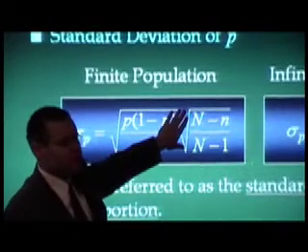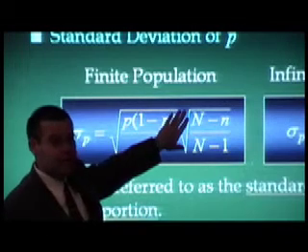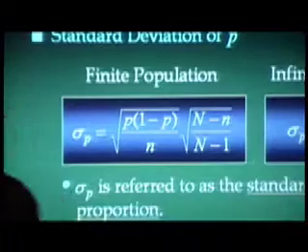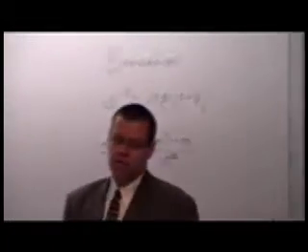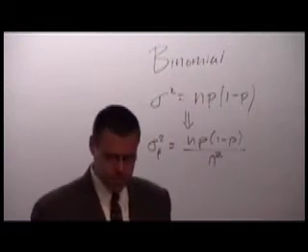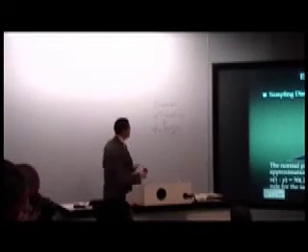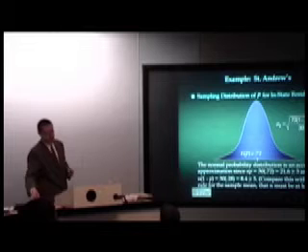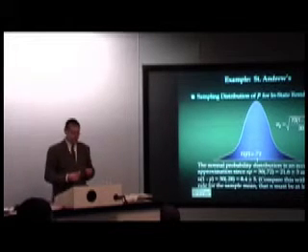The finite population correction factor is still valid, but the same cutoff applies. You need 5% of the population in your sample before you should worry about this. Okay, so when is it that you can use what's called the normal approximation for the binomial distribution?